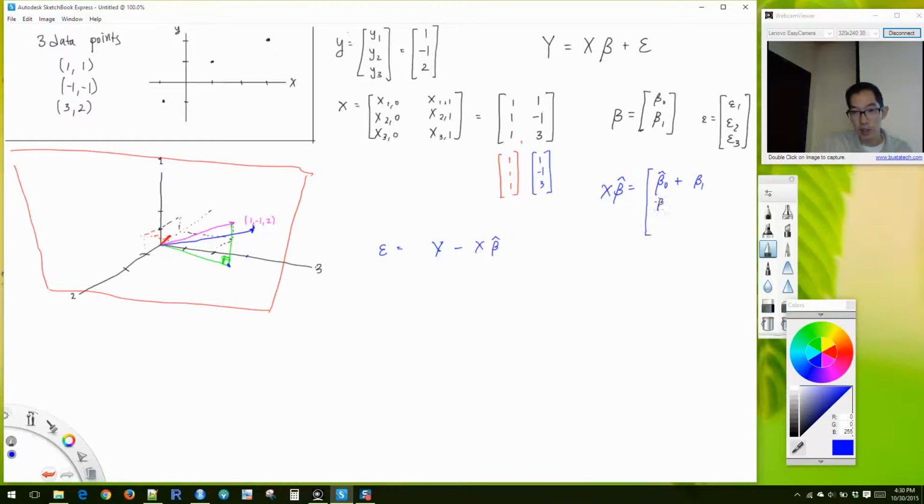And then we got beta hat 0, and then it'll be minus beta hat 1. And then I've got beta hat 0 plus 3 beta hat 1. Okay, so I'm just multiplying my x by my beta term, and I get this.